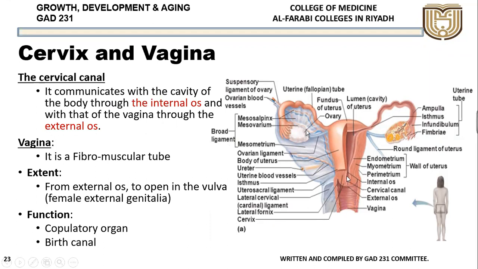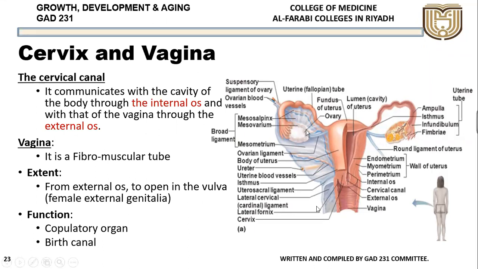So it opens into the body of the uterus through the internal os and outside into the vagina through the external os. The cervix lies between the internal os and the external os. Okay, this is the cervix.